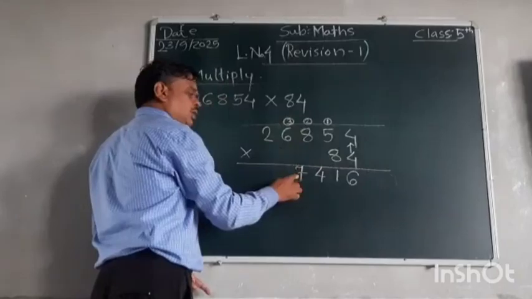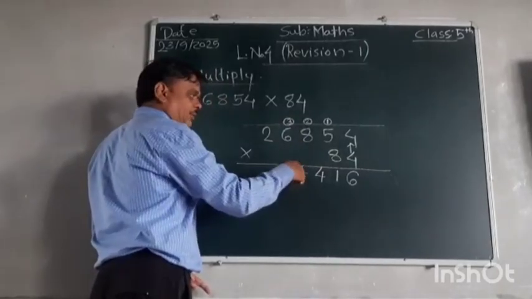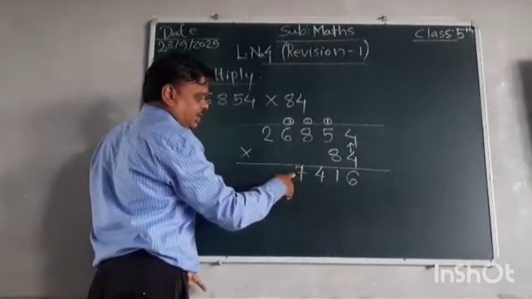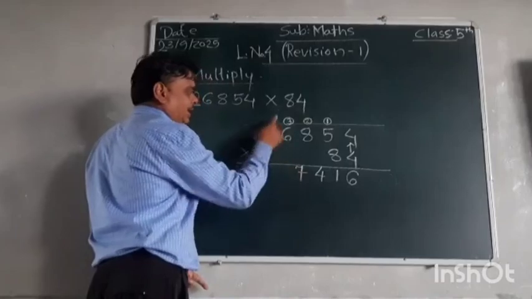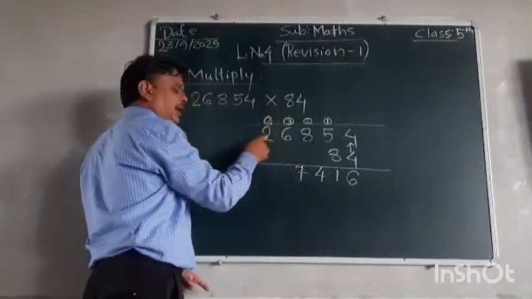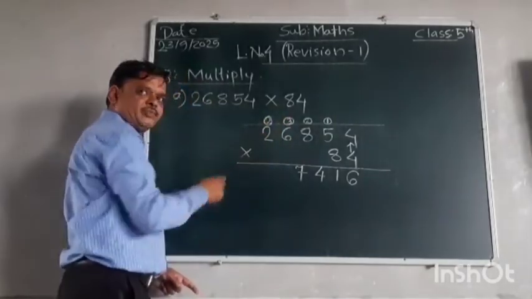So write the unit place digit exactly below this 1000s place digit, and now the carry, that is 2, you have to forward to the next place digit.